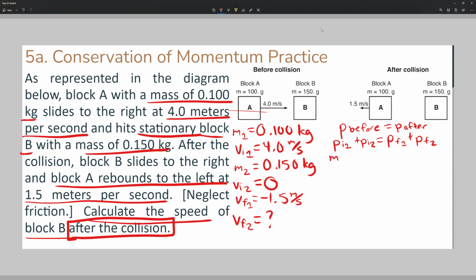So you have mass 1 times initial velocity of object 1, plus mass 2 times initial velocity of object 2, equals mass 1 times final velocity of object 1, plus mass 2 times final velocity of object 2. And here we just substitute.